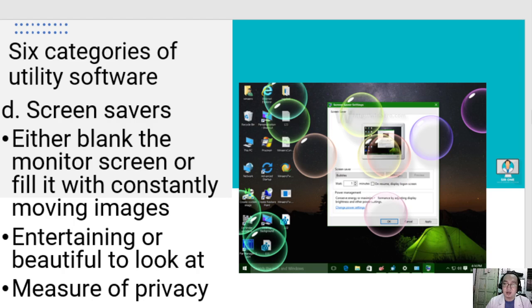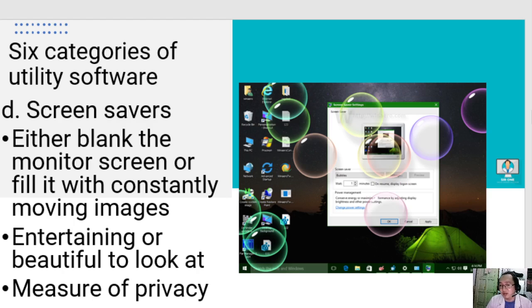And then letter D, screensavers. These are usually considered utility programs also. They usually blank the monitor screen or fill it with constantly moving images. This is for entertainment purposes, or a way to promote privacy.